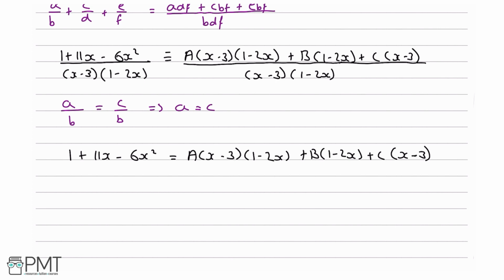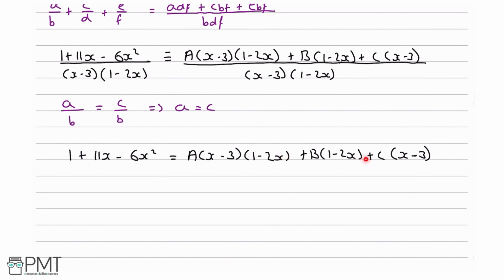Now to find each of our constants, we need to eliminate the other terms. Say I want to find B, I need to eliminate A and C, and the way we're going to do that is by looking at the x terms in each of them. To find A is going to be a bit harder because we've got both x − 3 and 1 − 2x, so we'll come back and do that at the end.